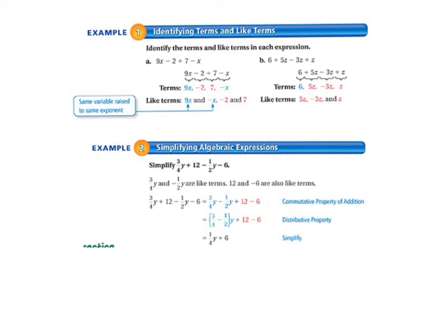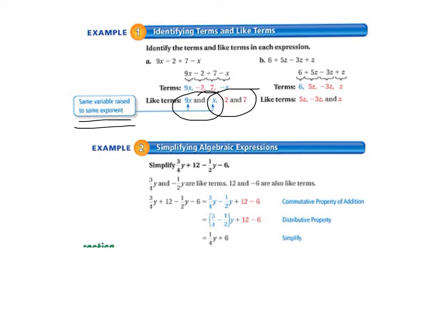So 9x and negative x are like terms because they have the same variable raised to the same exponent. And negative 2 and 7 are like terms, and that's because they are constants. So just regular numbers in an algebraic expression are called constants.